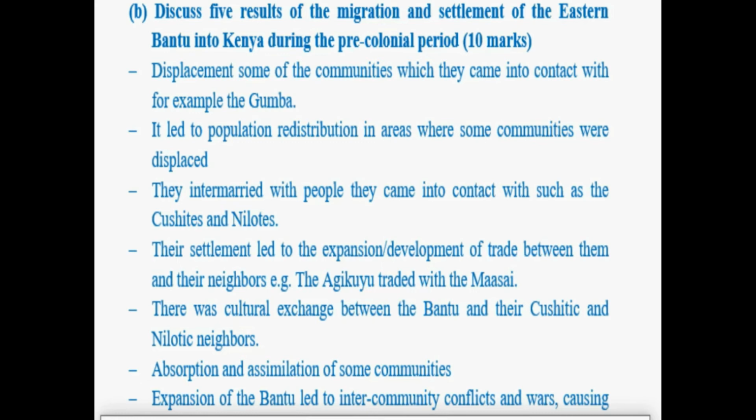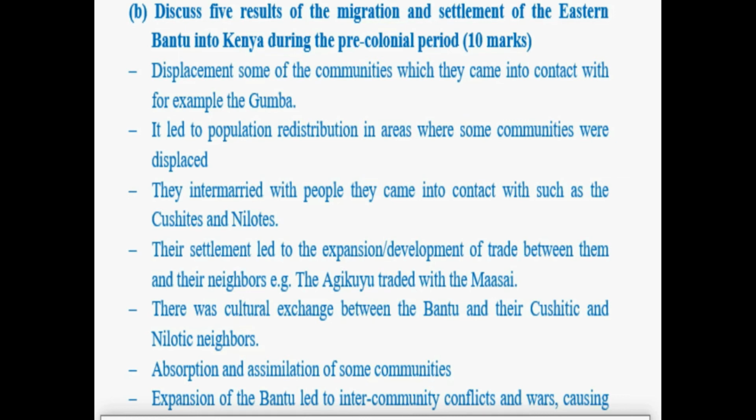Then we have the settlement led to expansion and development of trade between them and their neighbors. For example, the Agikuyu traded with the Maasai, and that is another result. The trade happened between the community that moved and the community that was found.